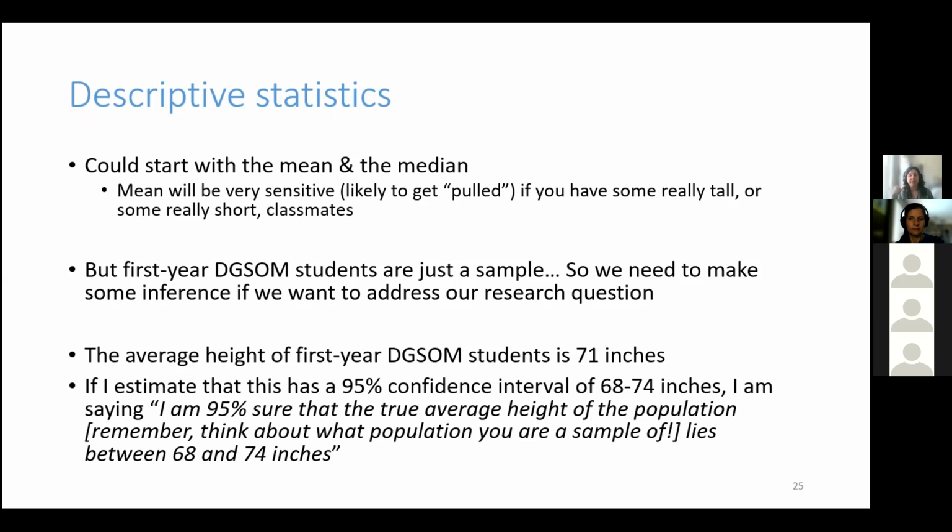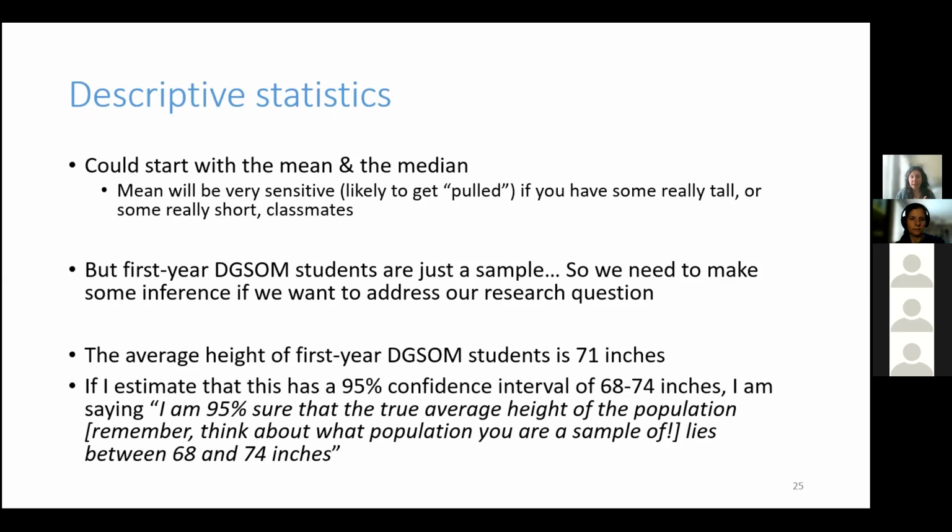I just want to say in words what that means. What that means in a sentence is, I am 95% sure that the true average height of the population, so in this case, the true average height of medical students in the US, whatever the population you're looking at, lies between 68 and 74 inches.